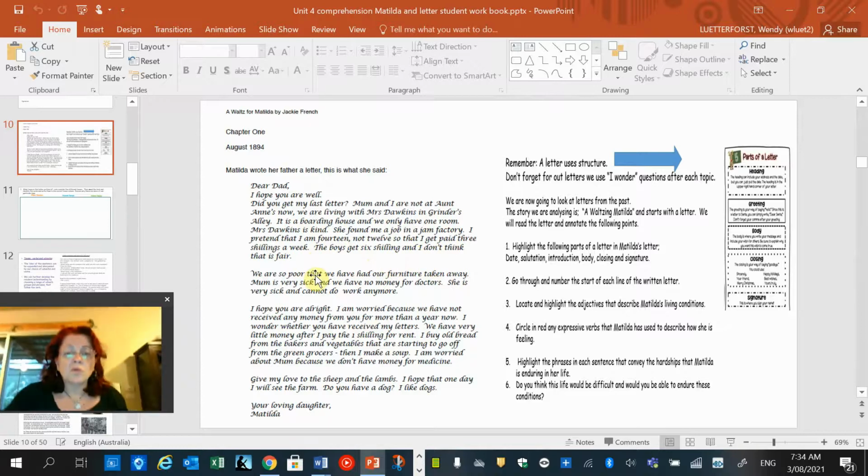We are so poor that we have had our furniture taken away. Mum is very sick, and we have no money for doctors. She is very sick and cannot do work any more. I hope you are all right. I am worried because we have not received any money from you for more than a year now. I wonder whether you have received my letters. We have very little money after I pay the 1 shilling for rent.